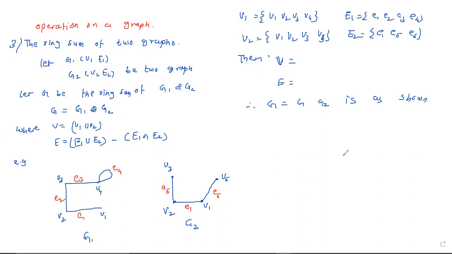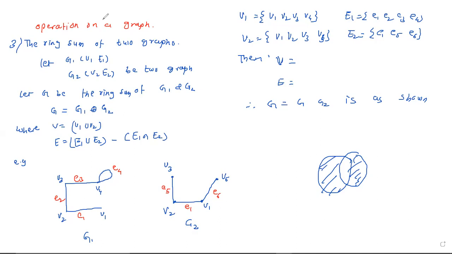See, when we have two sets, if we remove the intersection, that means we take this part and this part. This is called the ring sum. So E1 intersection E2 is removed, that is, we remove all elements which are common between E1 and E2.